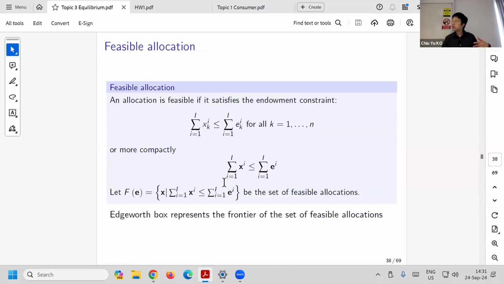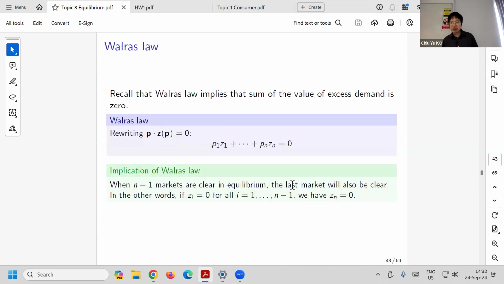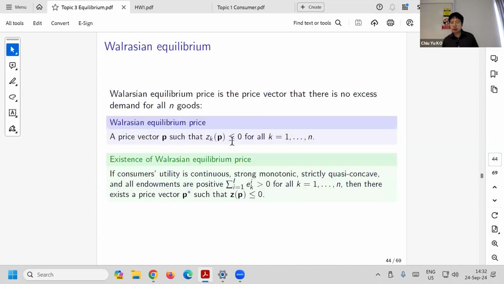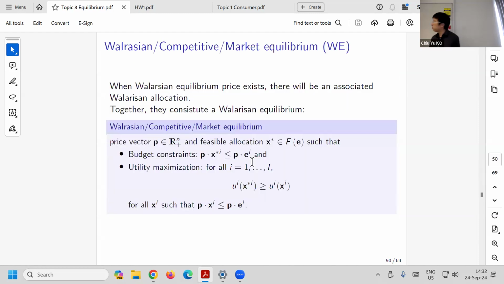First, we want the allocation to be feasible. Second, we want that under the price system, the excess demand is non-positive. And then we define this equilibrium.